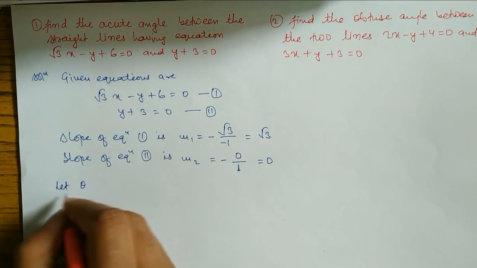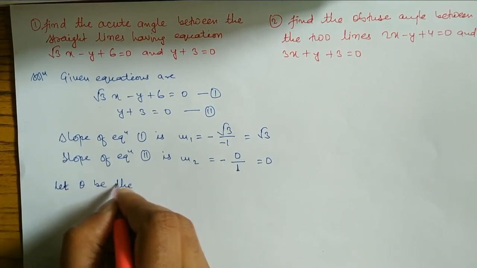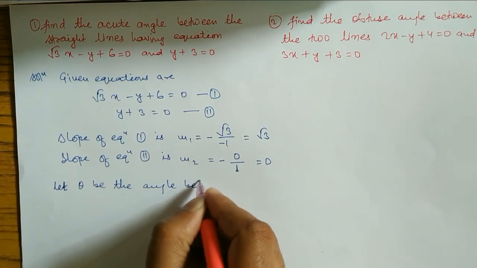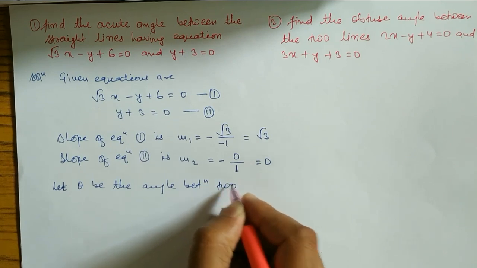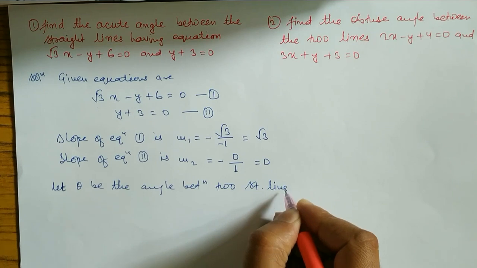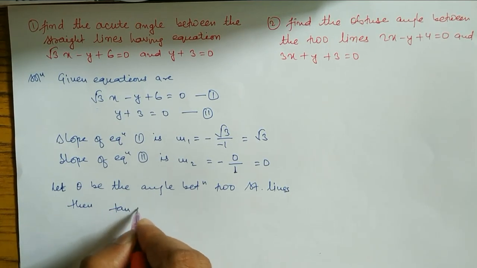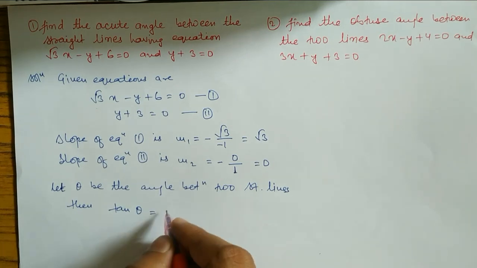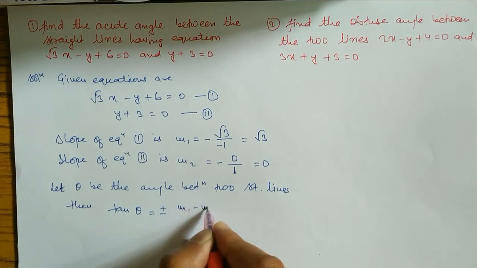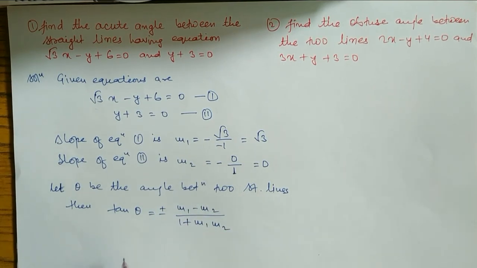Let theta be the angle between the two given straight lines. Then tan theta is equal to, I give you the formula, plus minus (m1 minus m2) by (1 plus m1 m2).